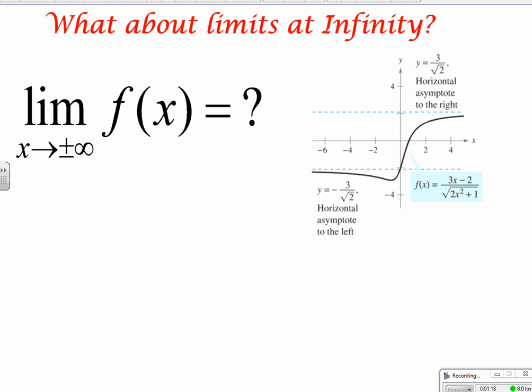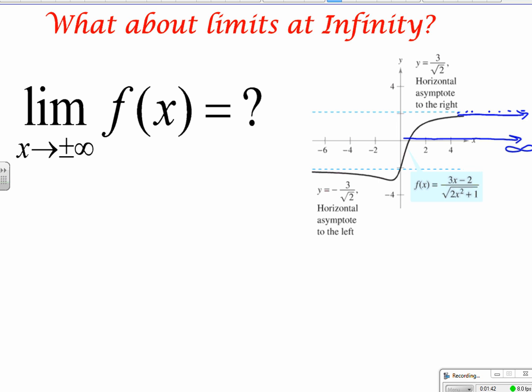Now let's look at what the limits at infinity are all about. Well, when I move out to infinity, I've got x values that are headed out here far to the right. And what I'm trying to see is, does this function settle? Does it ride along a value? Is it getting close to some value and staying there?